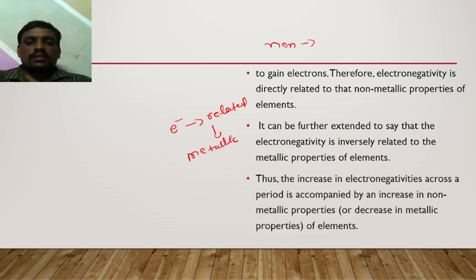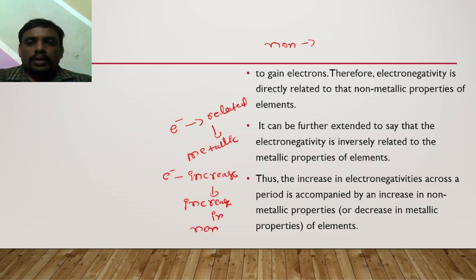Thus, if electronegativity increases across a period, it is accompanied by an increase in non-metallic properties and a decrease in metallic properties.